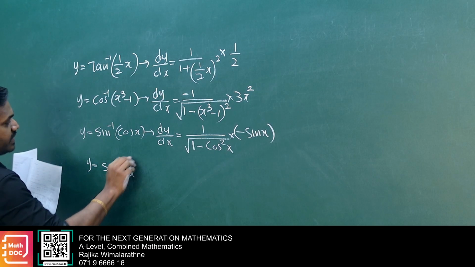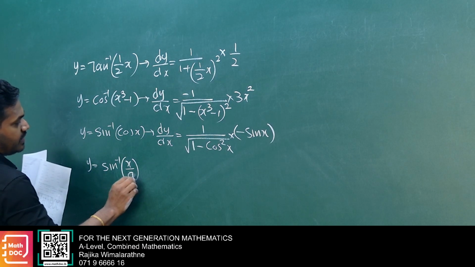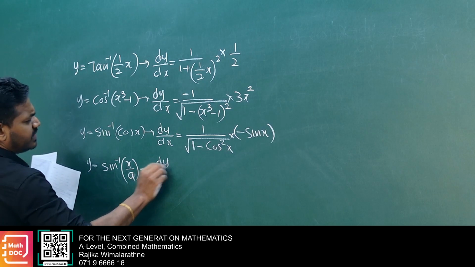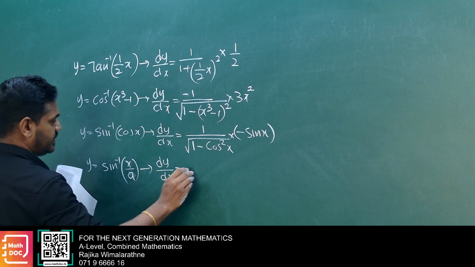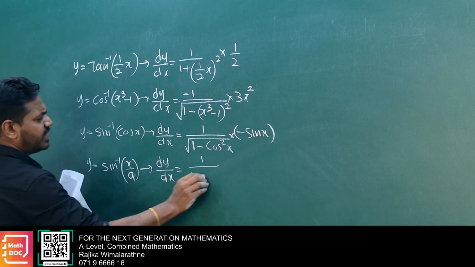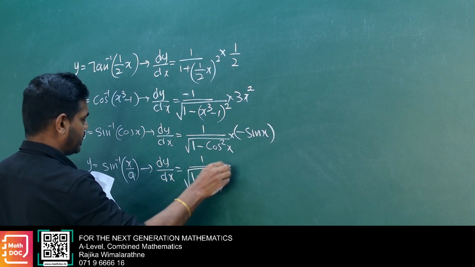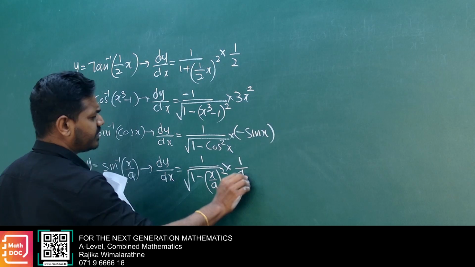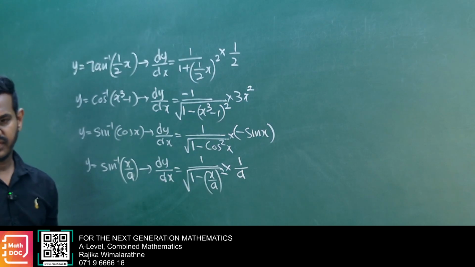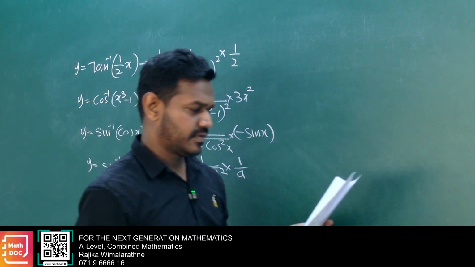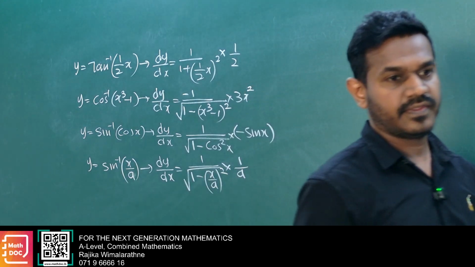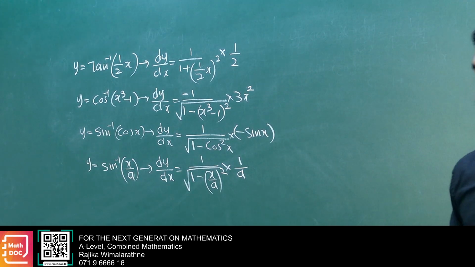Sin inverse x by a, where a is a constant: dy by dx is 1 over root of 1 minus (x by a) squared, times the derivative of x by a, which is 1 over a. Continue.